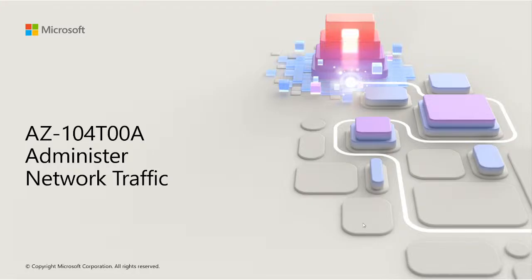So in today's class, what we're going to be looking at is how to administer network traffic. Last week we looked at intersite connectivity, and we talked about service chaining, where we look at how you can configure routing. That's what we're going to be looking at today.